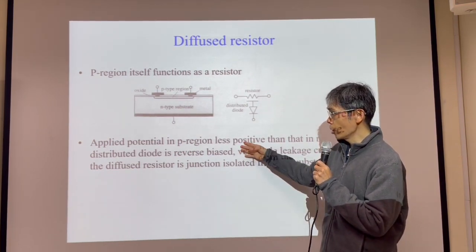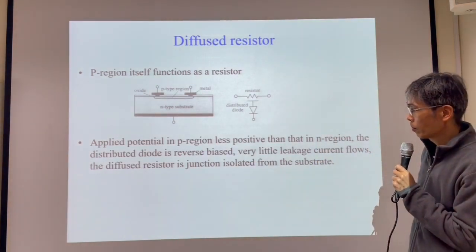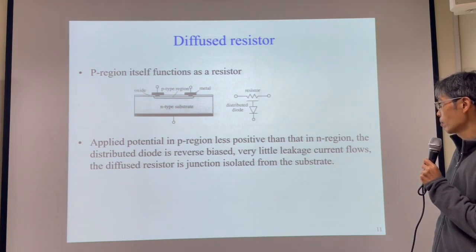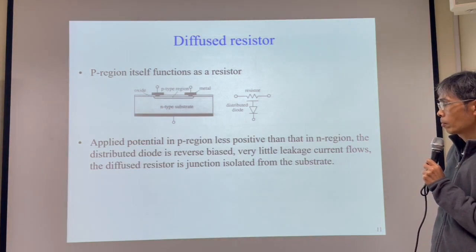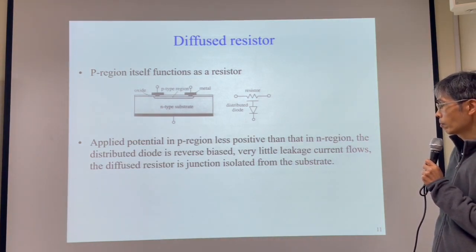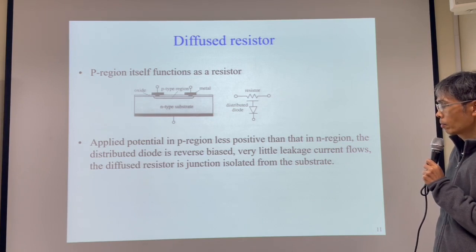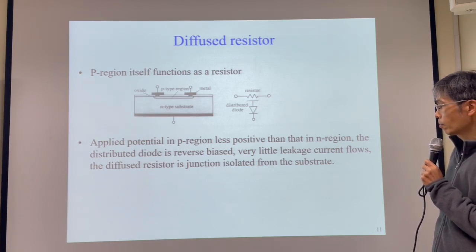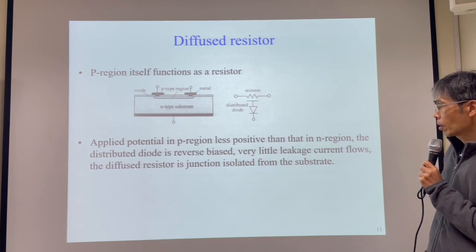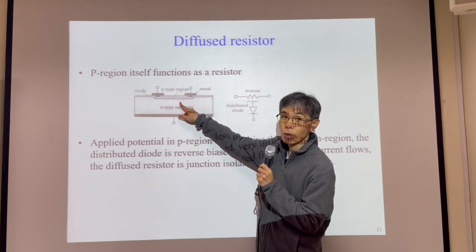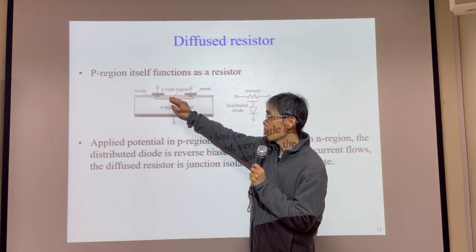Could you read this? High potential in the P region, less positive than in the N region. The discharge diode is reverse biased. Very little leakage current flows. The diffused resistor is junction isolated from the substrate. Okay, so this is the substrate, and because this is a PN junction, current doesn't come here.